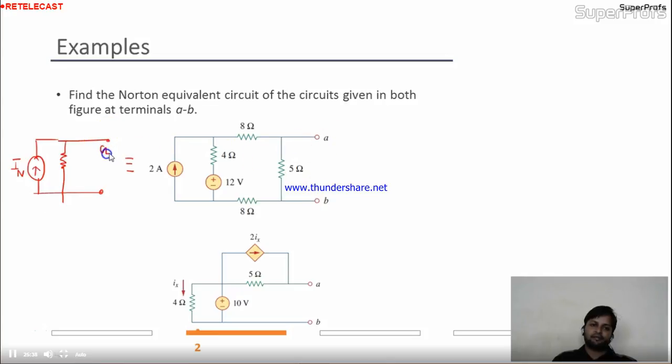Terminals are the same, A and B, but this circuit is now replaced by this. Is it okay to you? Now see, we'll find Rn and Rth. So I'll take this problem on a fresh page.